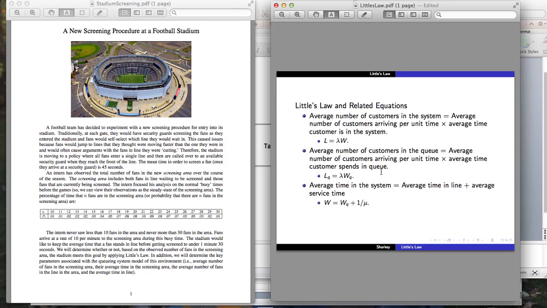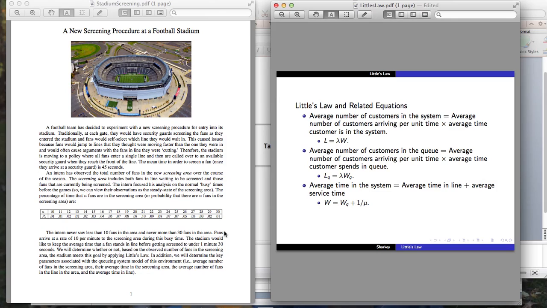It turns out for our example, we're given the probability distribution of the number of customers in the system. We're given the P of n's based on n. If you sum up these numbers across the n's that we're given, they're going to sum to 1, because we never see less than 10 fans in the system or more than 30. So we know the probability distribution of the number of customers in the system. And L is the average number of customers in the system, or put differently, the expected number of customers in the system.